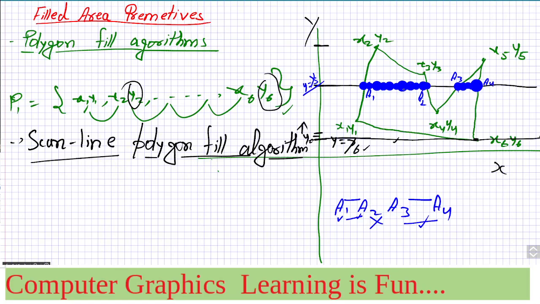Okay, let us start from the bottom point. What is happening? This is your line y is equal to y6. Suppose it intersects, whatever coordinates are there, they will be plotted. In the next iteration, what is happening? You will find out those places.